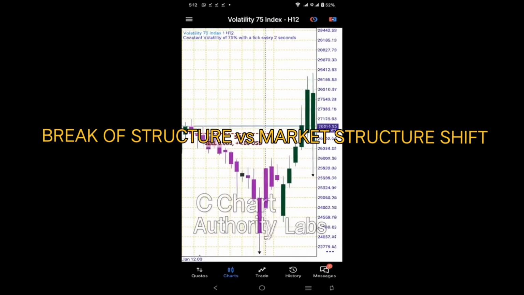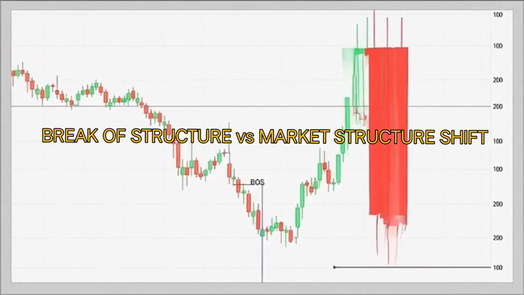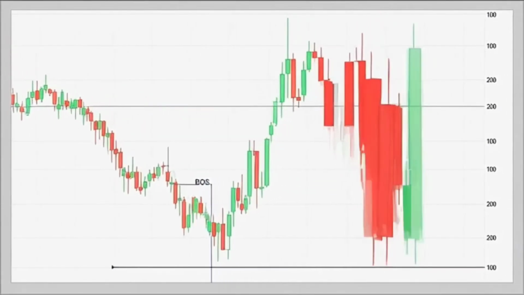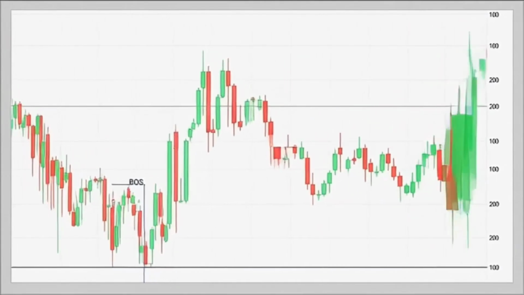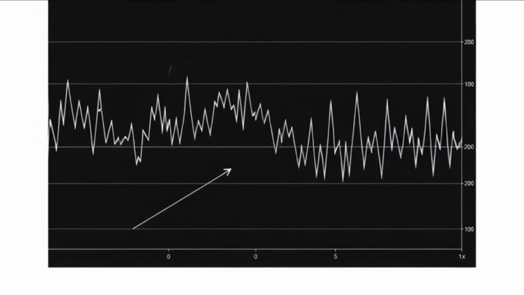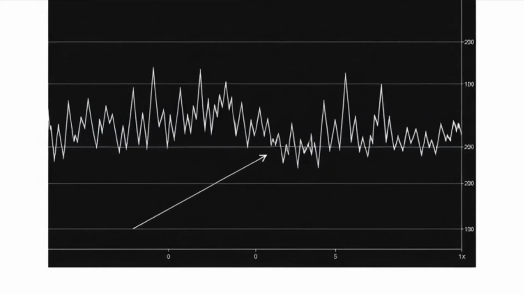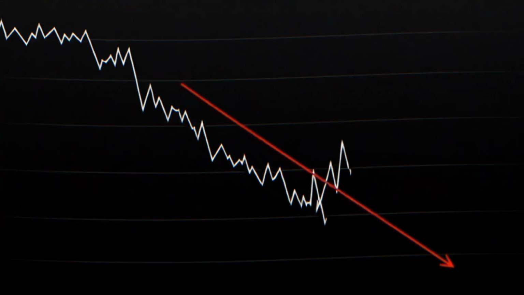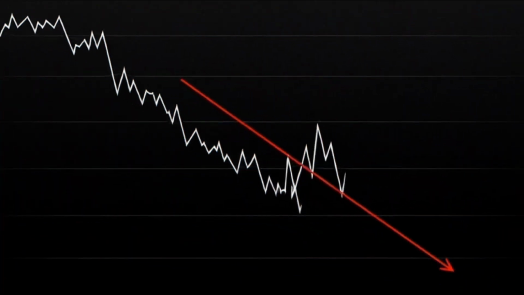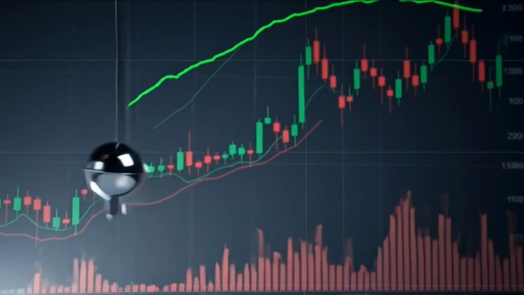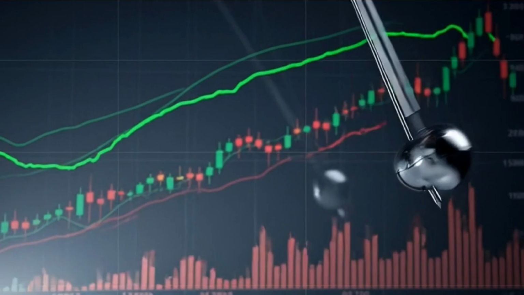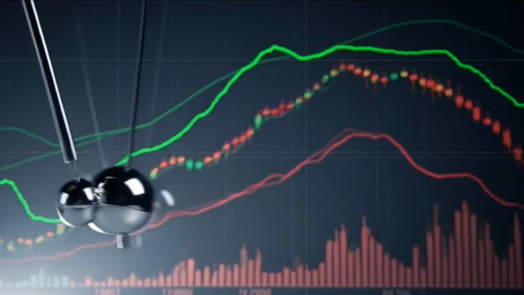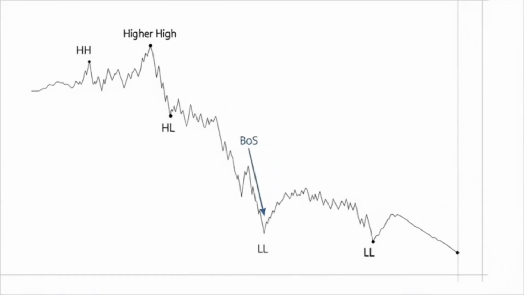This is where most traders get confused. A break of structure, BOS, means trend continuation. Price breaks a high in an uptrend, buyers still in control. A market structure shift, MSS, means potential reversal. Price breaks the last protected low in an uptrend, buyers losing control.